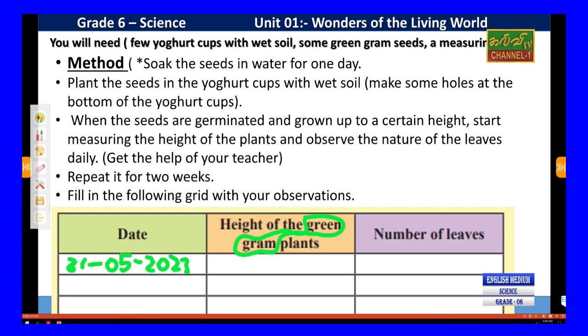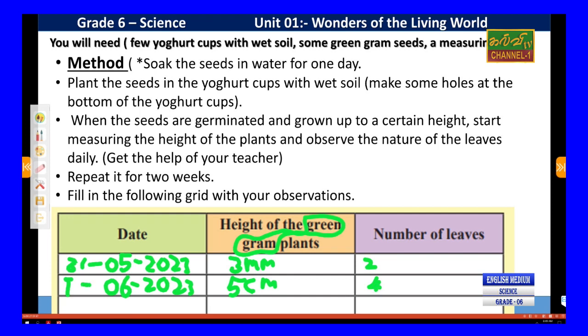You measure the height of the green gram plant, say this is 3 millimeter. Then the number of leaves is 2. Then on 1st June 2023, 5 centimeter, number of leaves are 4.